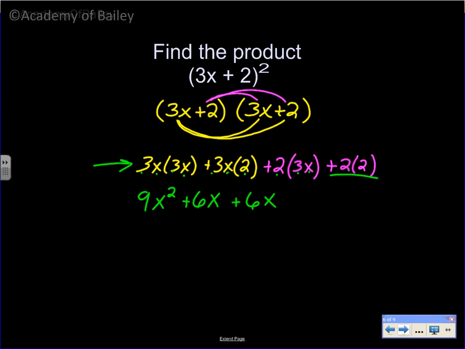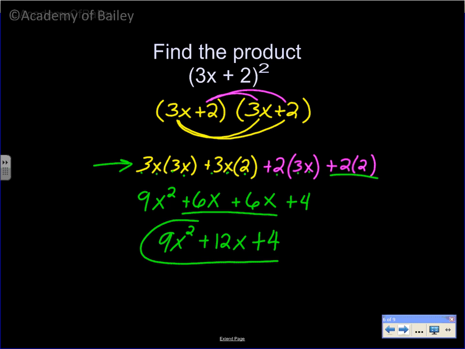And here, positive 2 times positive 2 is a positive 4. Combine like terms, that would be 6x plus 6x. Make sure you are not putting 9x with it, because it's not 9x, it is 9x squared. And there's your final product.